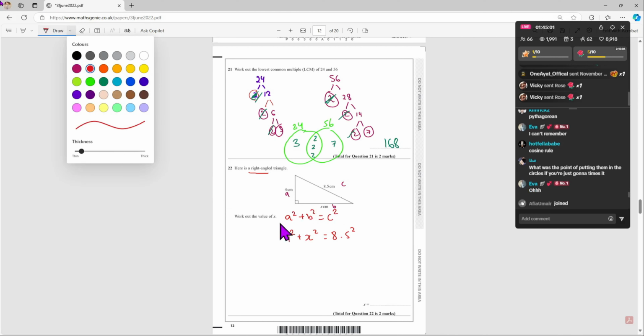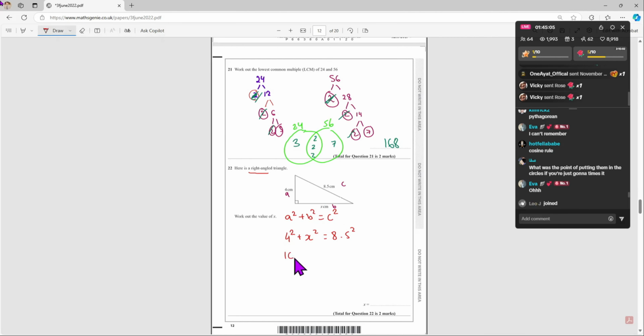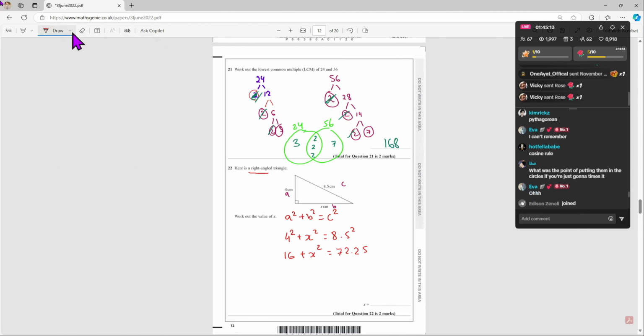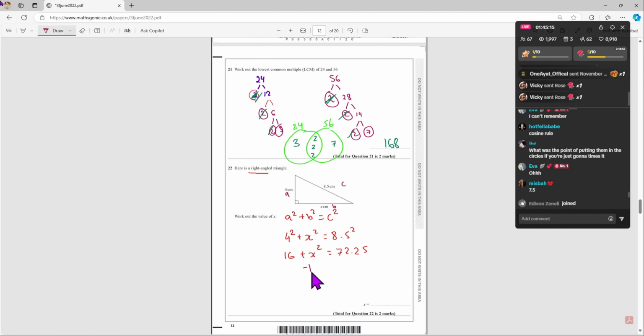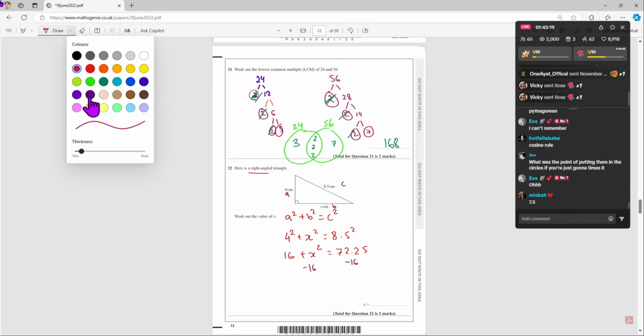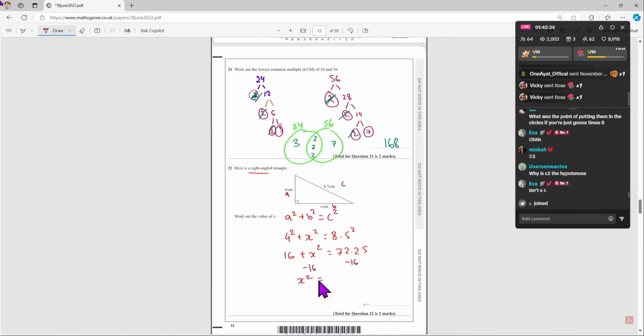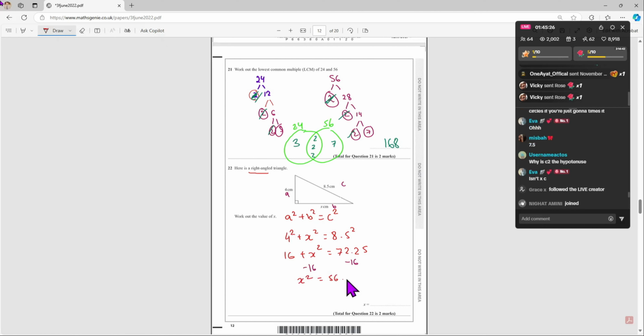So what we're going to do is square this using a calculator. It means that 4 squared is 16 plus x squared, then 8.5 squared is 72.25. Now once we have done that, you subtract 16 from both sides, which will get you x squared is equal to 56.25.